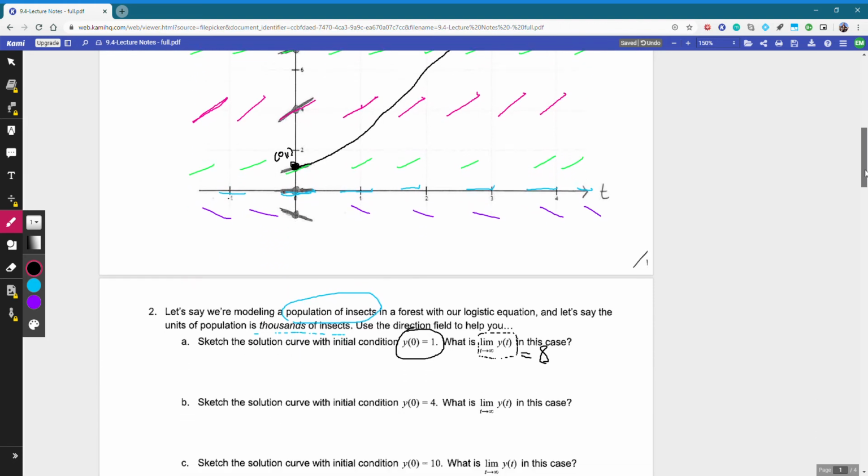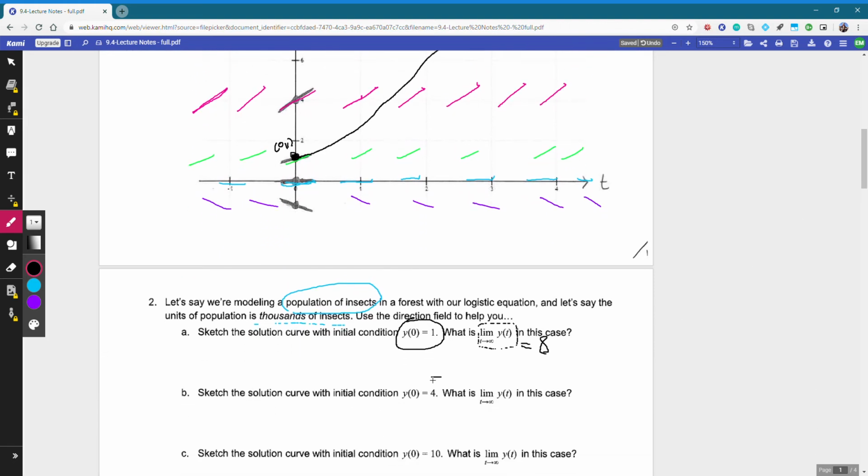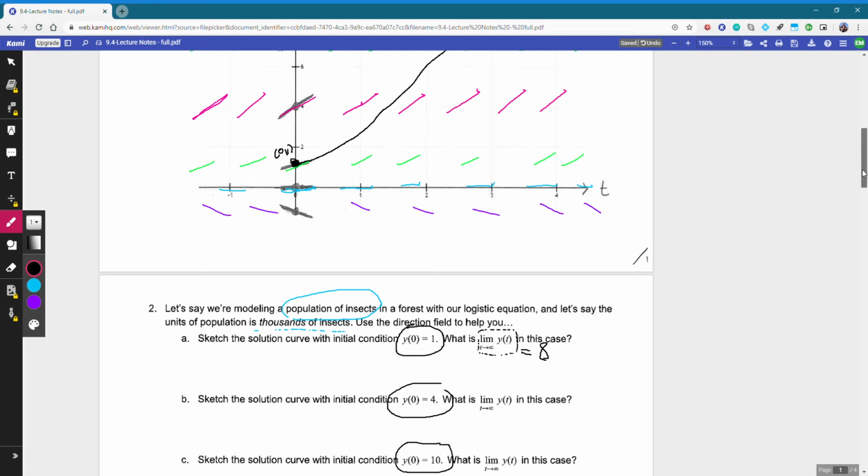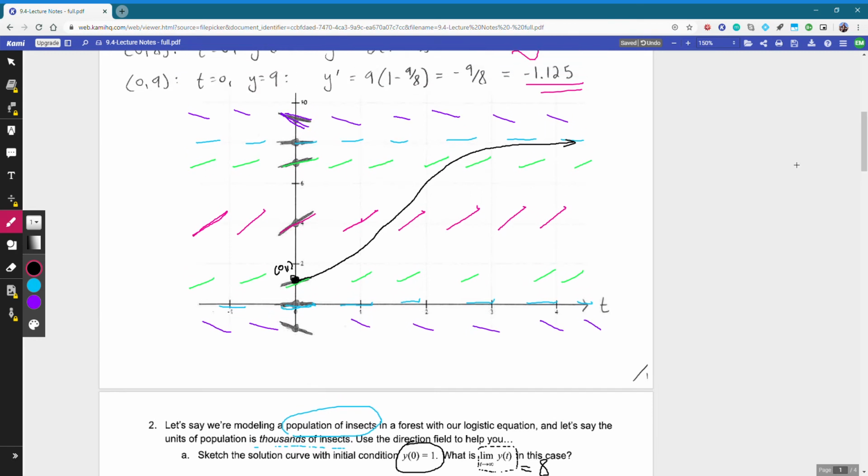The next two parts ask us to play this game again for two different initial conditions, 0, 4 and 0, 10. So putting those on our direction field, 0, 4 is right in the middle, and 0, 10 is up here at the top. And so at 0, 4, again, we're going to be coming up, then mellowing out, so something like this.